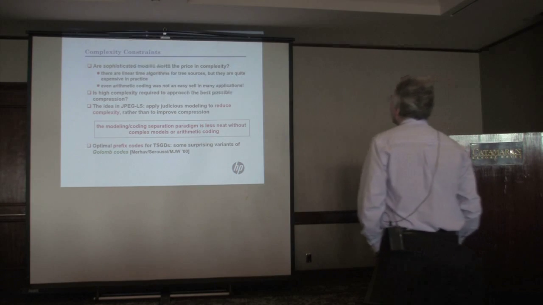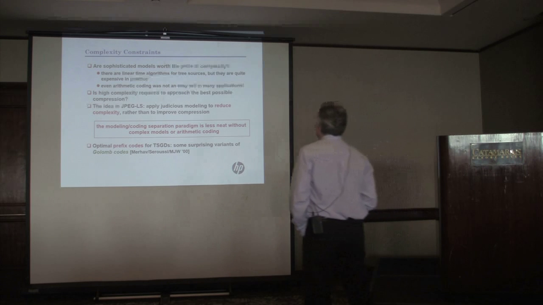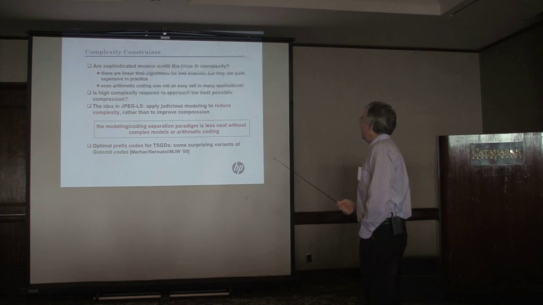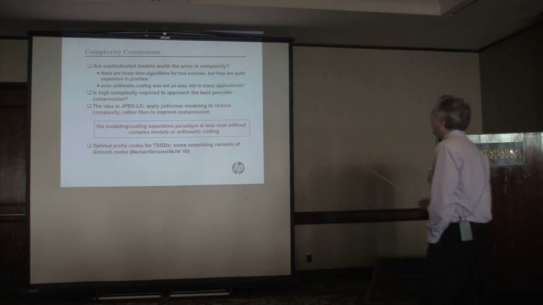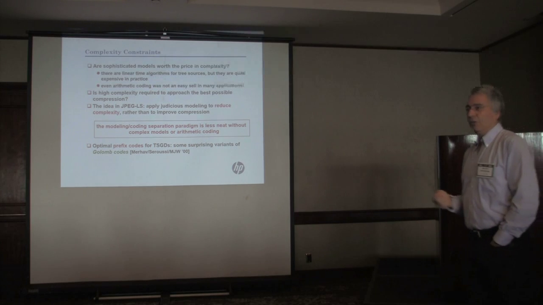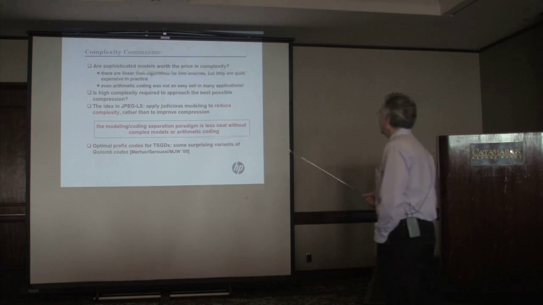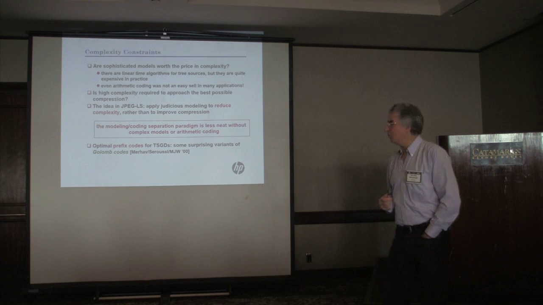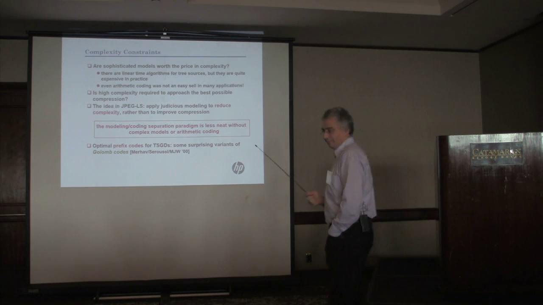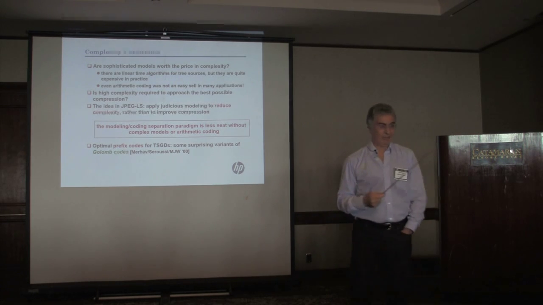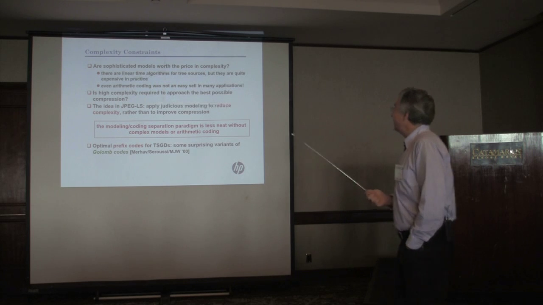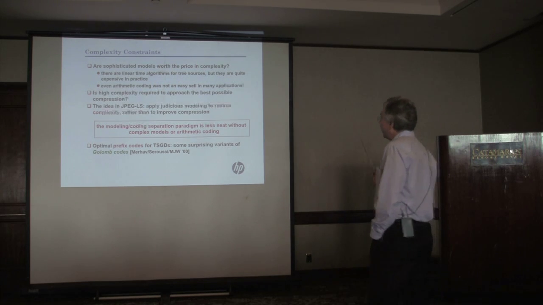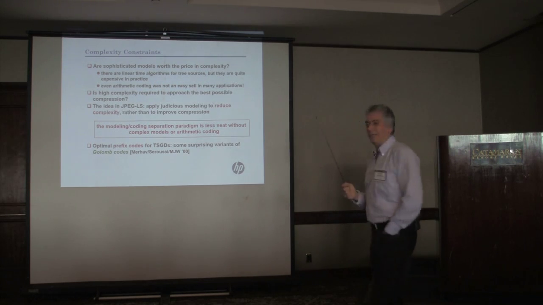So the question we ask ourselves is about complexity constraints. The reason is, are sophisticated models worth the price in complexity? We know all these algorithms for context sources are linear time, but in practice they are quite expensive. And even arithmetic coding, at the time at least, was not an easy sell in many applications.